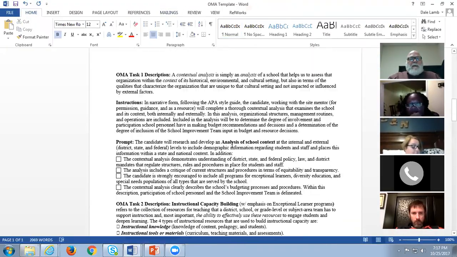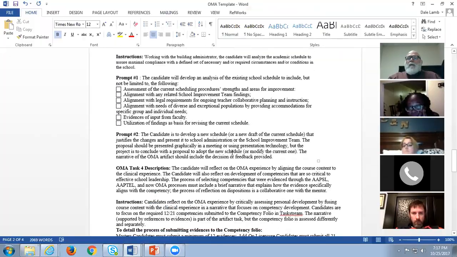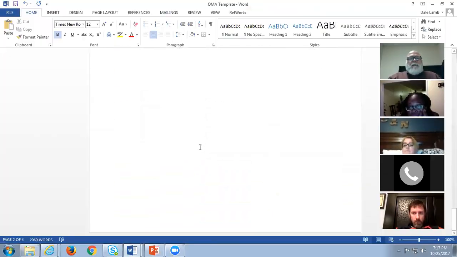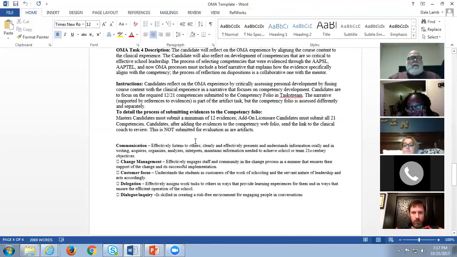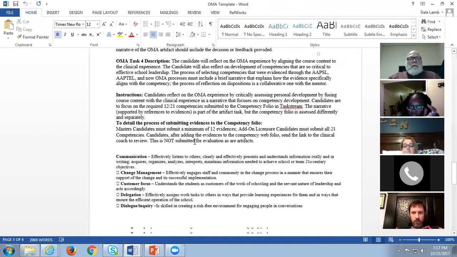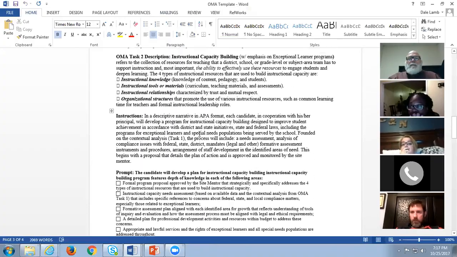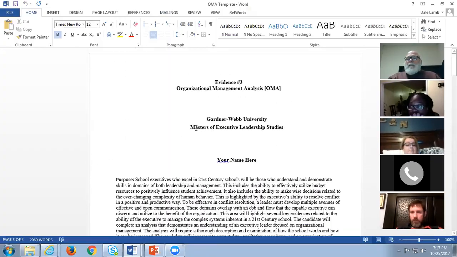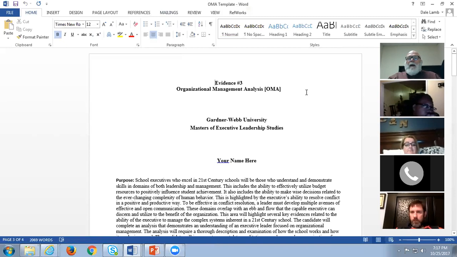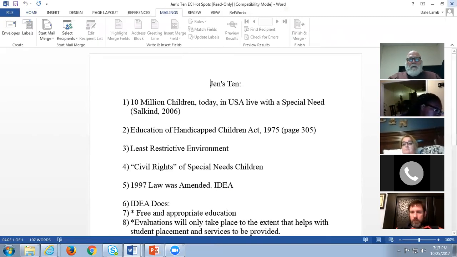What it says right here is: submit a minimum of 12, add-on licensure submit all 21. And they don't know sometimes you're not add-on. They thought you were add-on. They didn't bother to go back and look and see if you were add-on or regular.